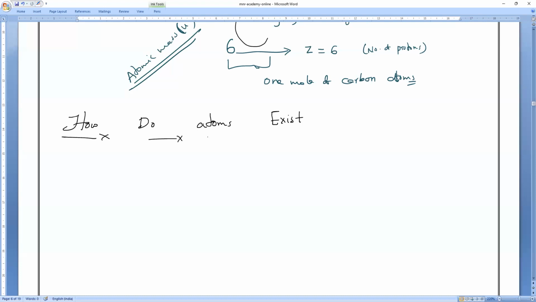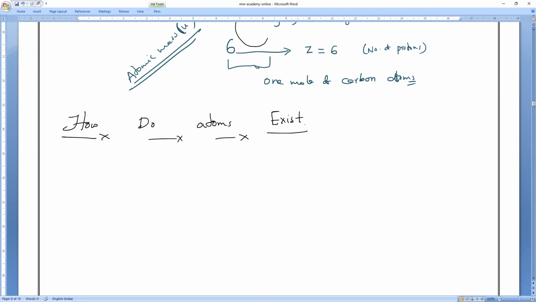So if you have noticed, Mr. John Dalton postulated a theory, Dalton's atomic theory. In the first point of Dalton's atomic theory, can anybody tell, everybody? What is Dalton's atomic theory, first point?